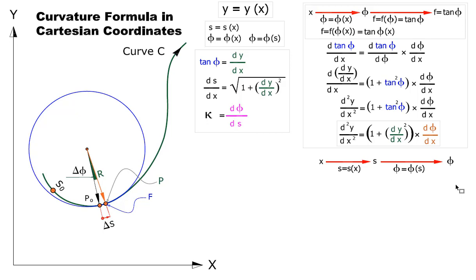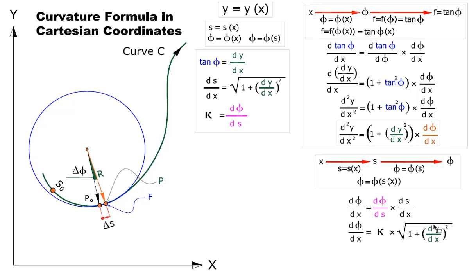We can write them as nested functions, and if we want to derive phi relative to x, then we use the chain rule, and then realizing that ds over dx is this square root here, we substitute that, and d phi over ds is kappa, the curvature, we arrive at this equation here.